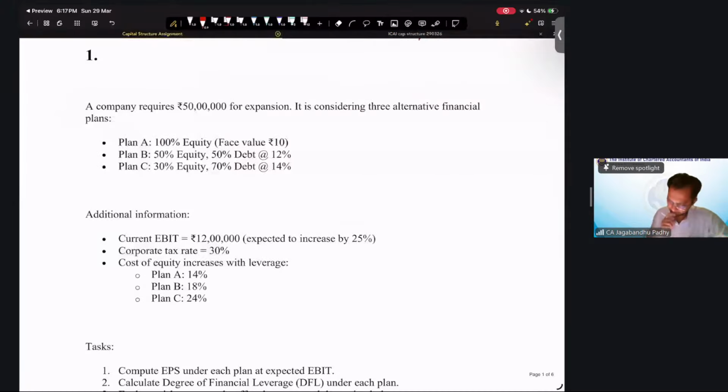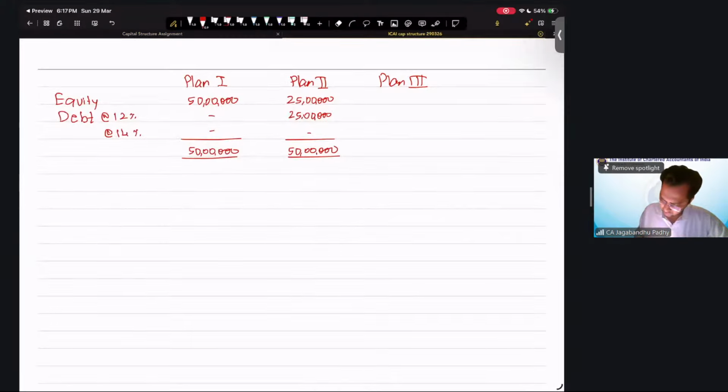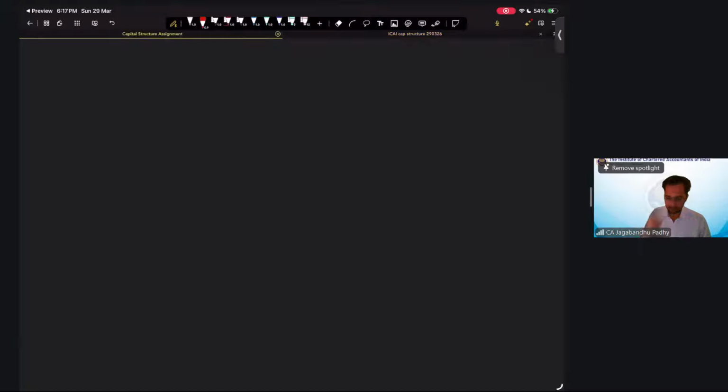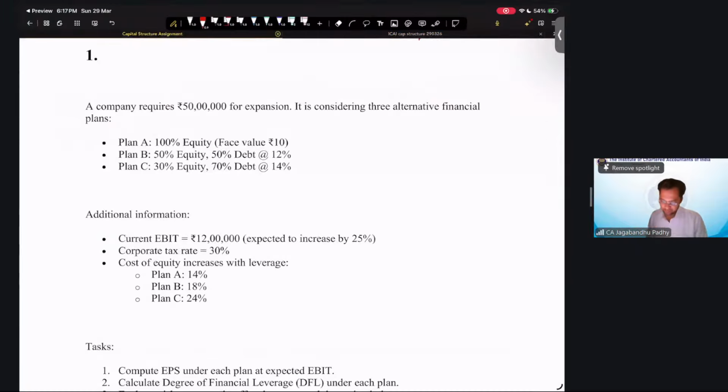Plan 3 is 30 and 70. 30 is essentially 15 lakh of equity and 35 lakhs of debt. We start with EBIT, right? So remember, EBIT is 12 lakh, but is expected to increase by 25%.